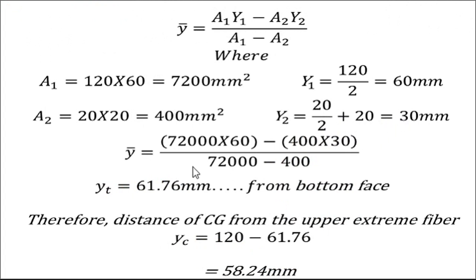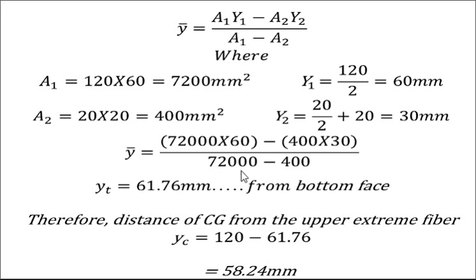Getting it? Then you put all the values a1, y1, a2, y2 in this formula of y bar. By mistake here I wrote 72,000, it is not 72,000, it is 7200 only. So please make a correction here and do the calculation for y bar.